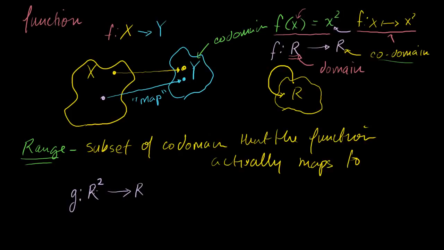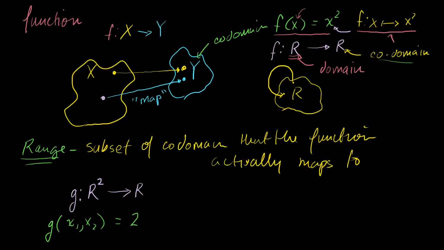Now I'm going to take g of, let's say, two values, x1, x2. G of x1, x2 is equal to, well, let's say it's always equal to 2. It's a mapping from R2 to R, but this just always equals 2.